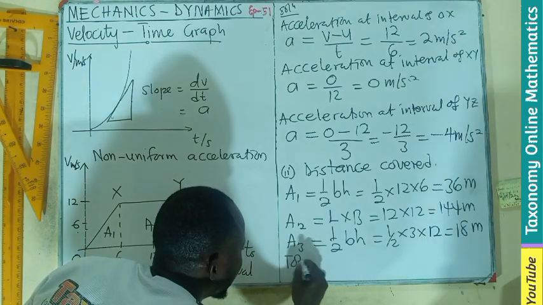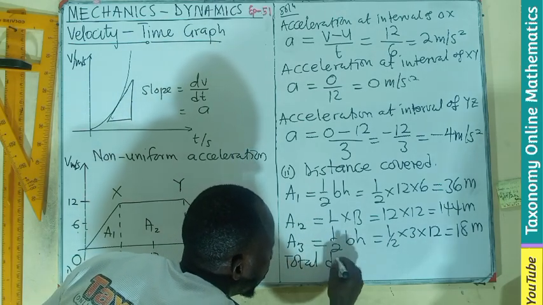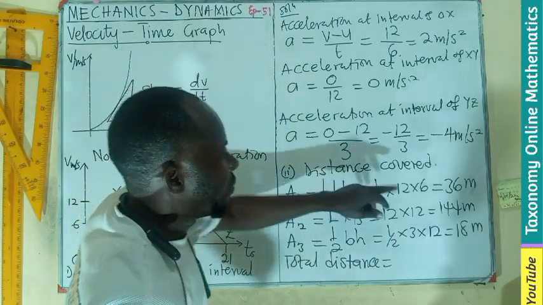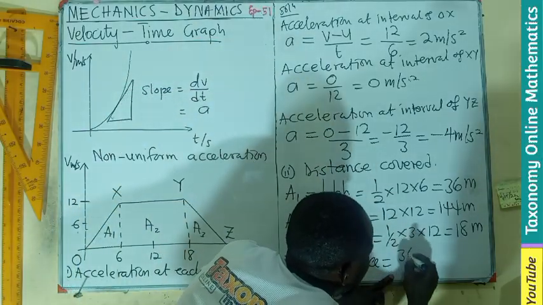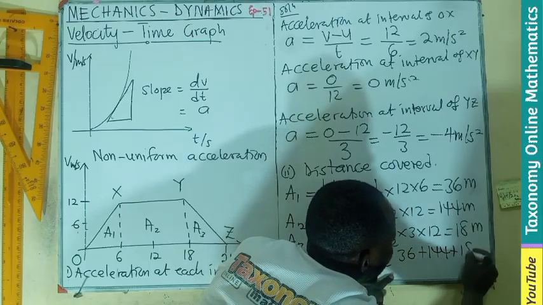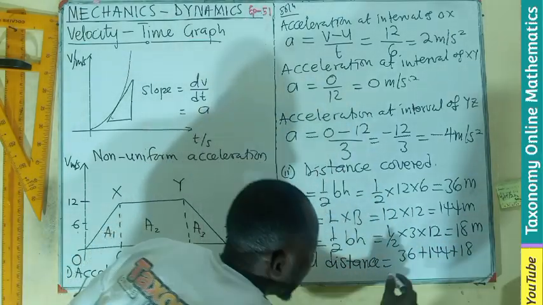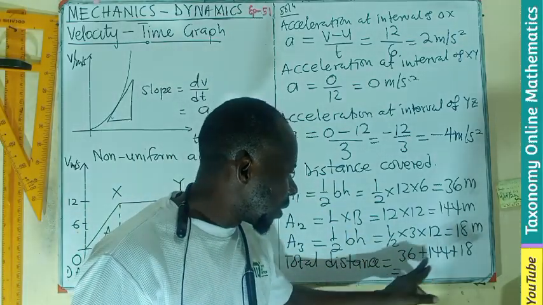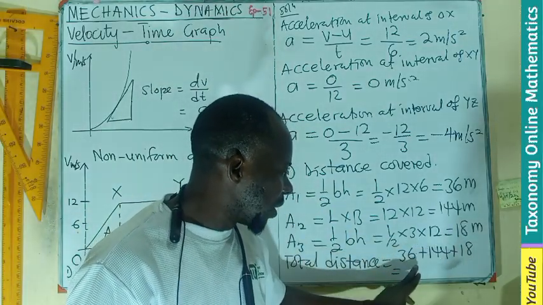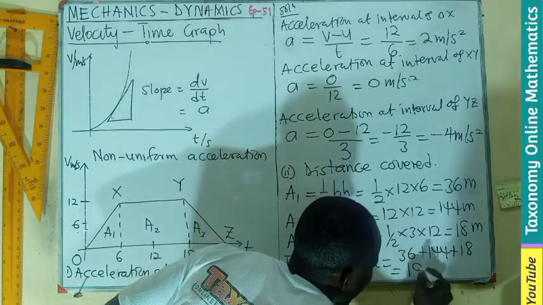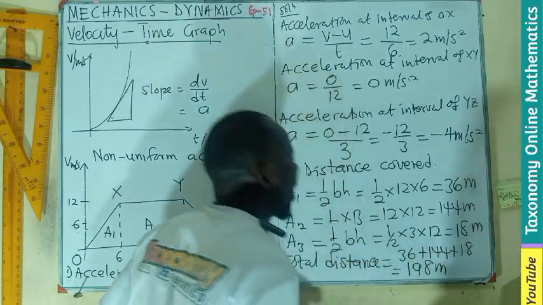So the total distance is going to be first 36, second 144, third 18. In total, this will give you 198 meters.